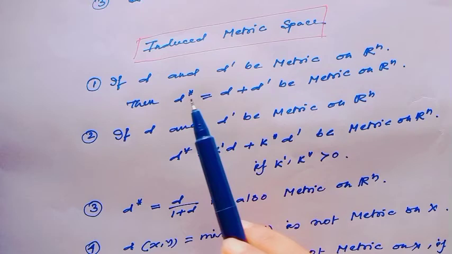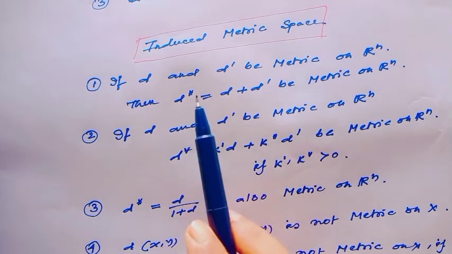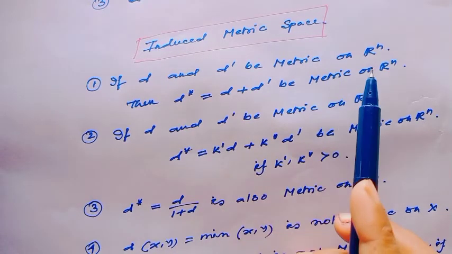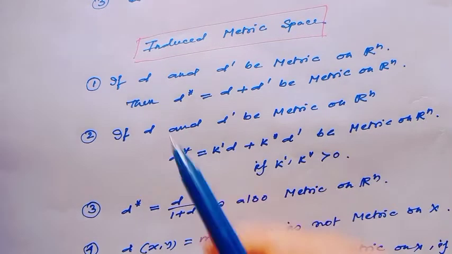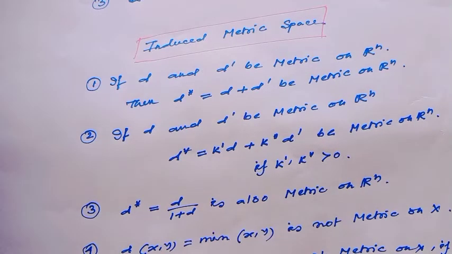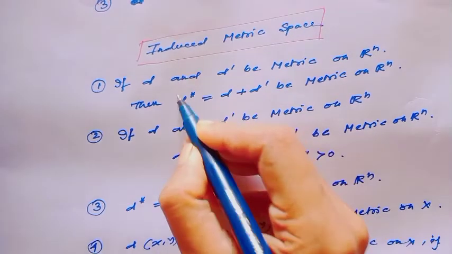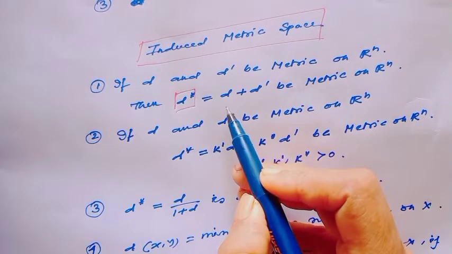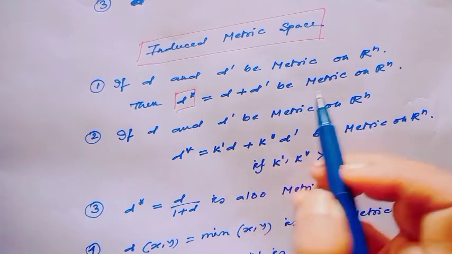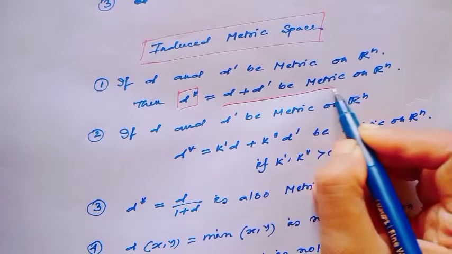I had seen, just recall, if D and D dash are metrics on Rn, then the induced metric, denoted as D star, which is equal to D plus D dash, is a metric on Rn.